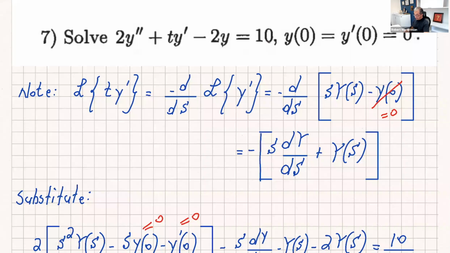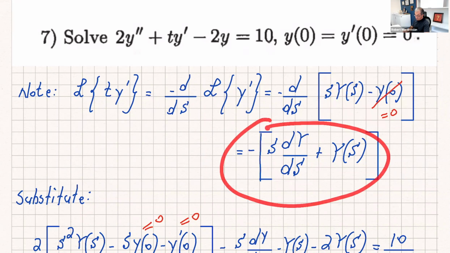To take the derivative, you can use the product rule. So it's s times dY/ds, plus the derivative of s, which is 1, times Y(s). So that's what we have.